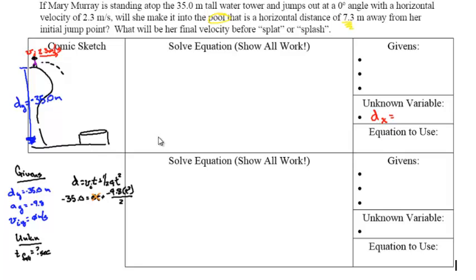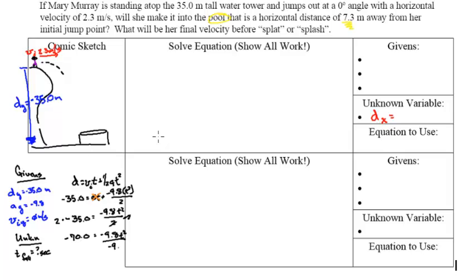This blows up, leaving me with negative 35.0 equals negative 9.8 t squared, all that over 2. Multiply by 2, cancel, cancel, giving me negative 70.0 equals negative 9.8 t squared.